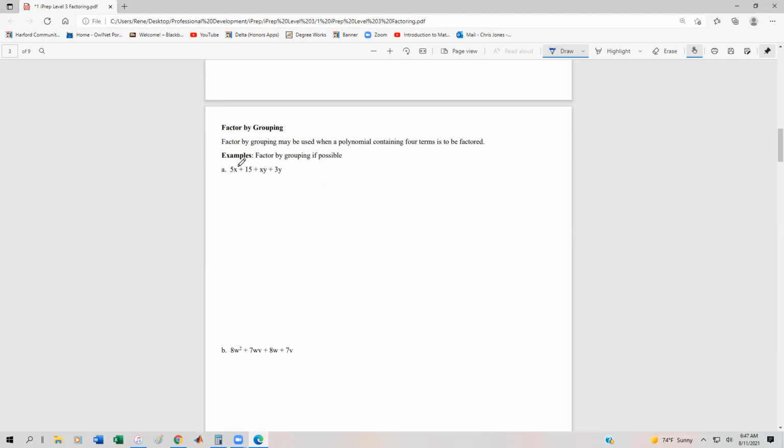So we have this 5x plus 15 plus xy plus 3y. And what we're going to do is we're going to group the first 2 terms. We're going to carry down the sign in the middle, and we're going to group the second 2 terms. Then what we're going to do is we're going to name and factor the GCF from each of the 2 binomials that we've created.